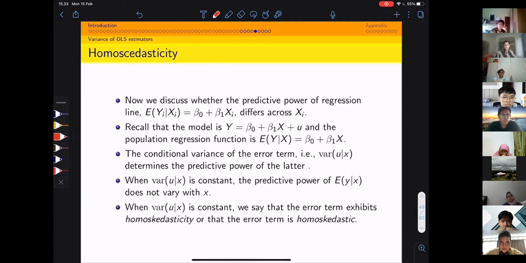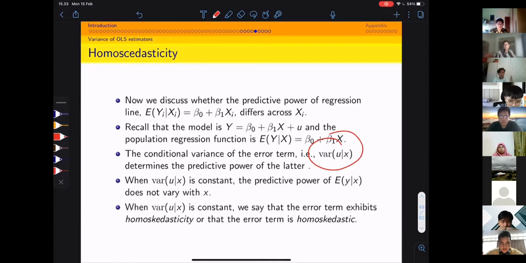The predictive power can be depicted by the conditional variance of the unobservable, the variance of the unobservable conditional on x. If the conditional variance is constant, predictive power is also constant, but when the conditional variance of u is not constant, then the predictive power is also not constant.